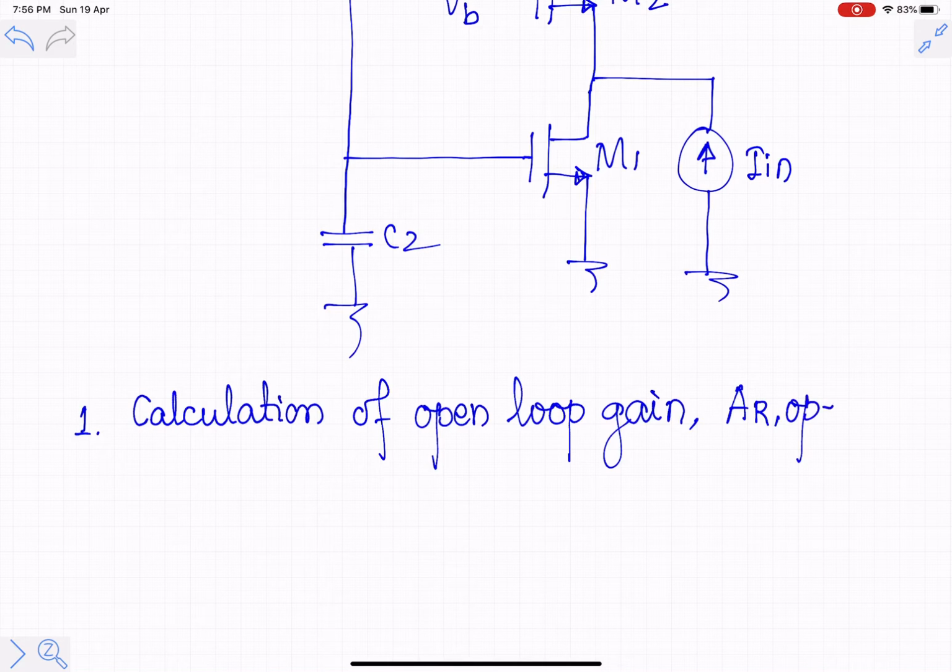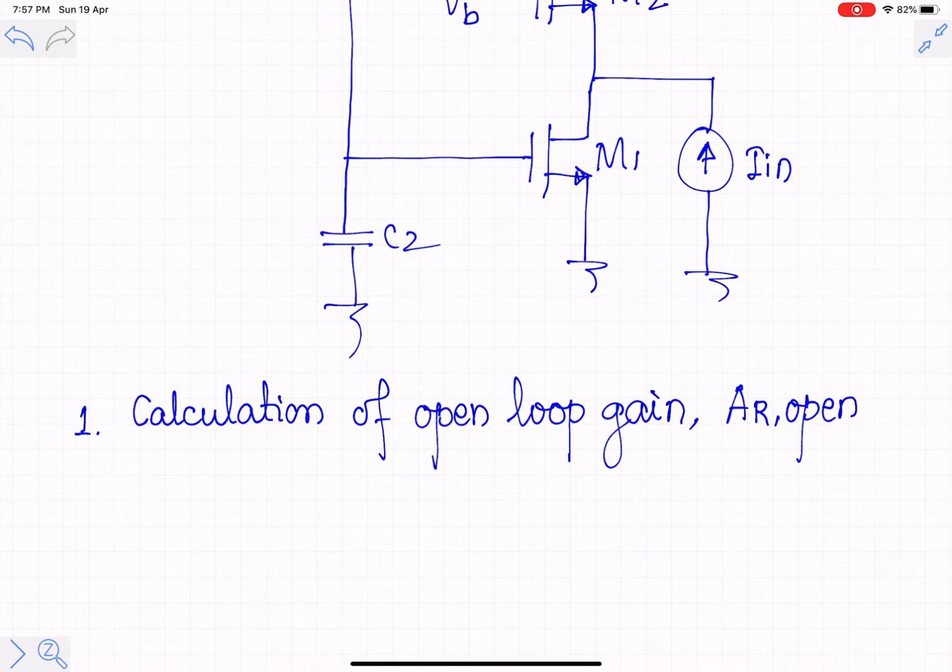R stands for, again, the unit is that of resistance. Remember that in the ideal case we handle the problem differently. There we calculate open loop gain and the loop gain to find out the closed loop gain. In practical cases where the loading effect of the feedback network has to be taken into account, we calculate open loop gain with loading effect and the feedback factor beta, and then we find out the other properties.